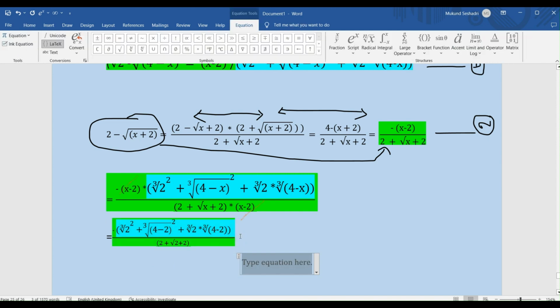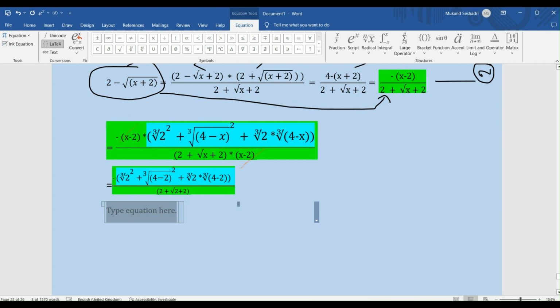So I'm going to rewrite this equation here. So I have cube root of 2 whole square, plus cube root of 4 minus 2, which again is 2, the whole square, which means I have one more cube root of 2 the whole square, plus I have cube root of 2 into cube root of 4 minus 2, which is again cube root of 2, which means I'm left with cube root of 2 the whole square again, right?